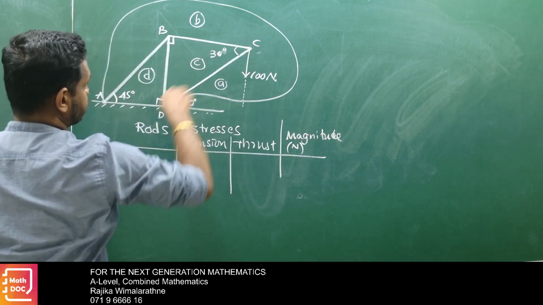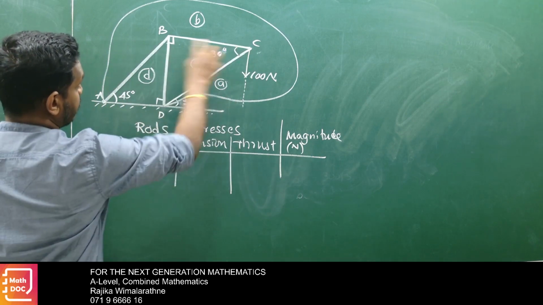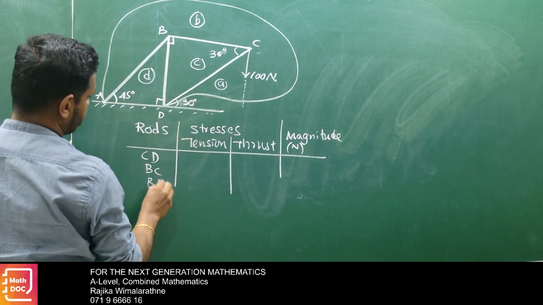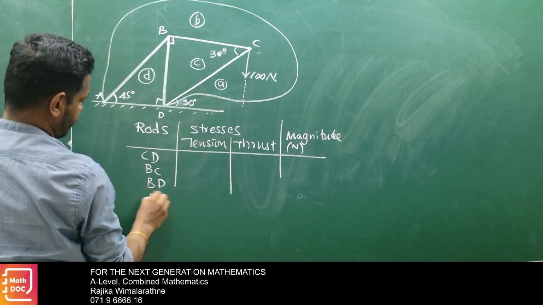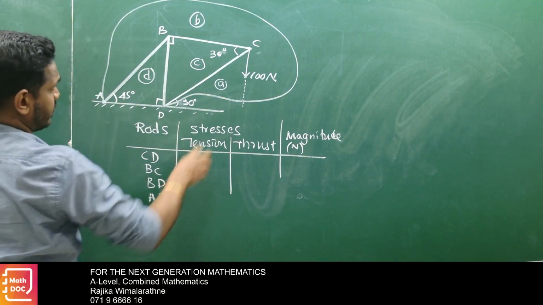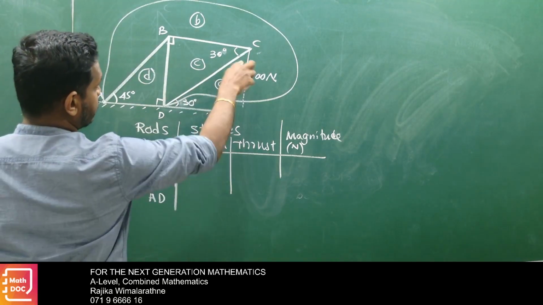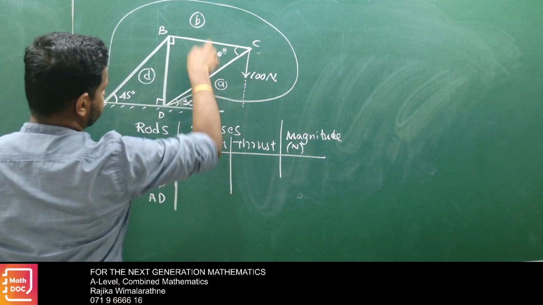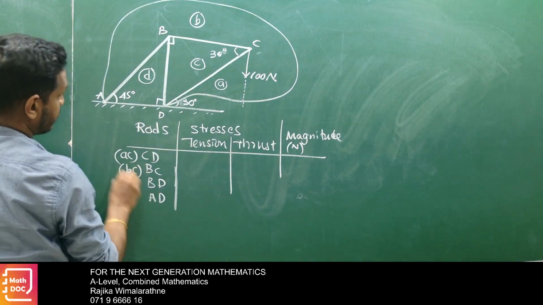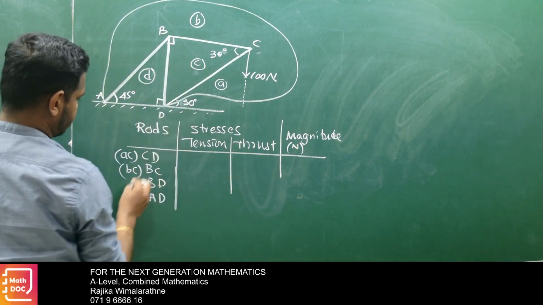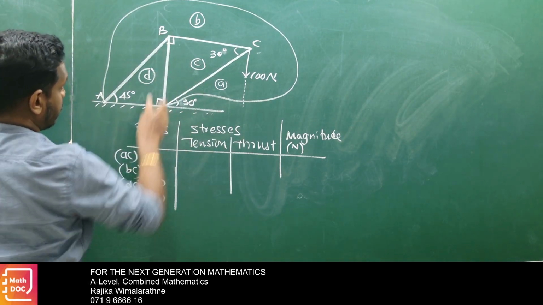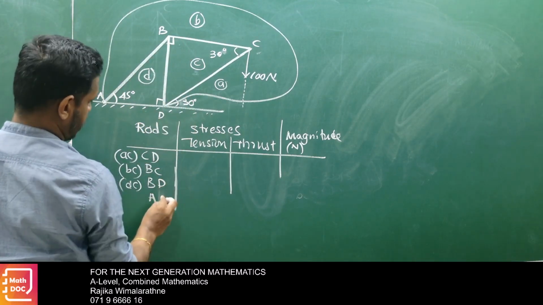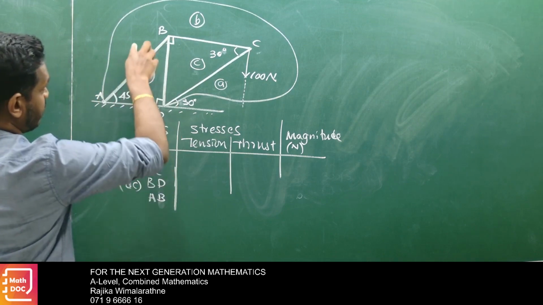Then CD rod, BC rod, BD rod, AB rod. Then CD rod represented by AC, BC rod represented by BC, BD rod represented by DC, AB rod represented by BD.